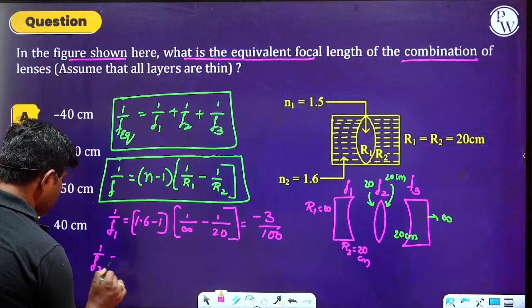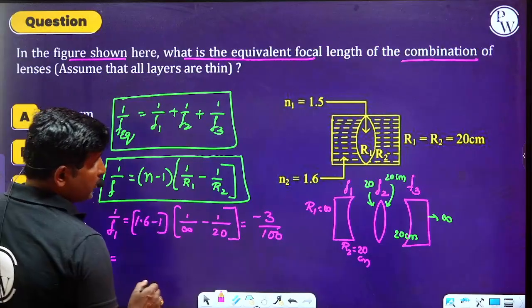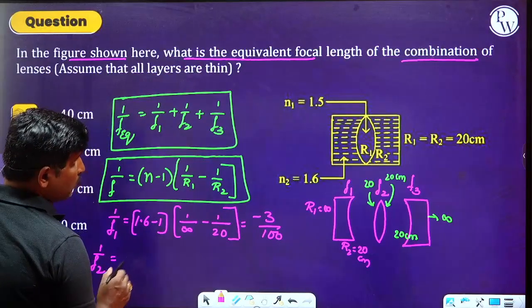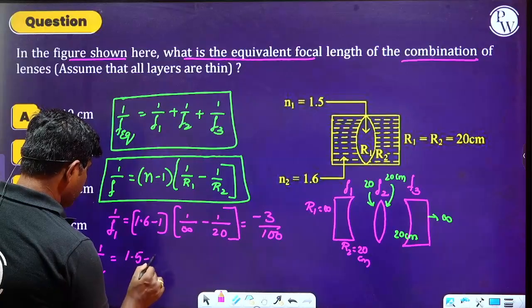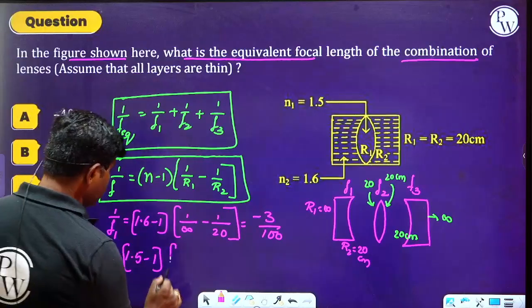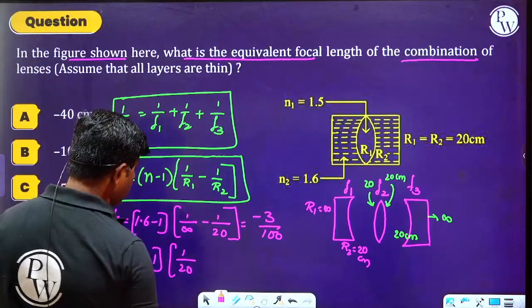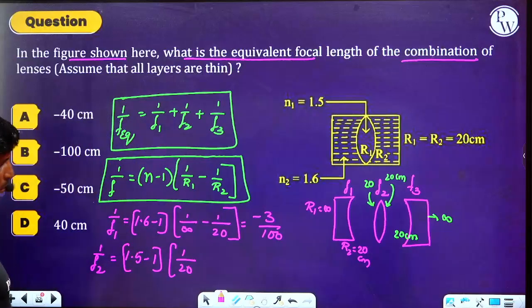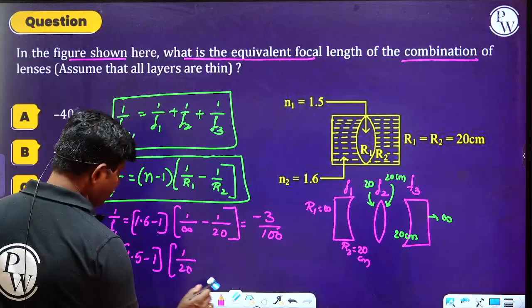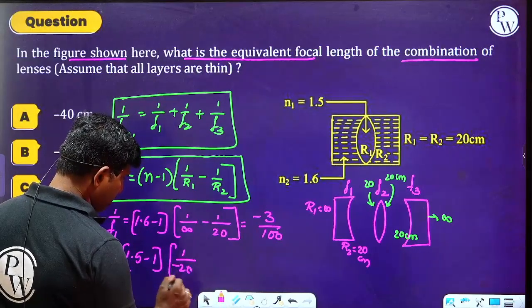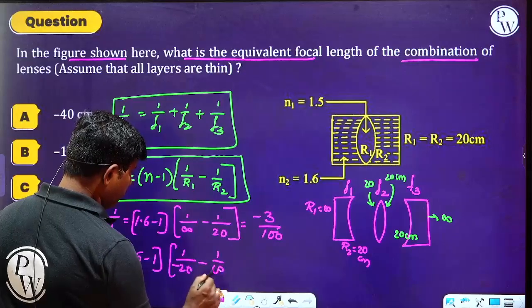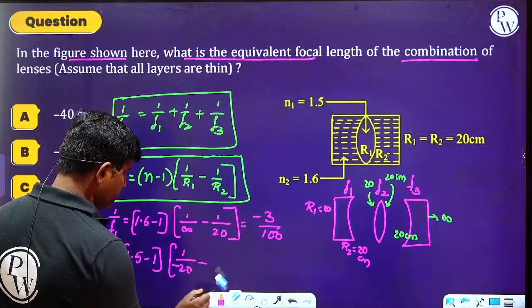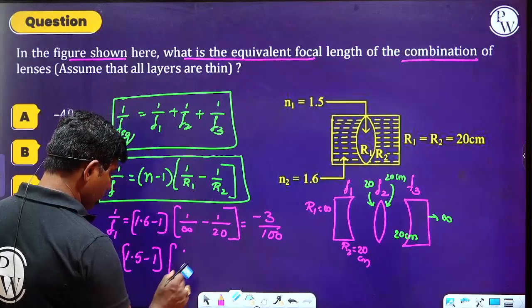1 by f2 is equal to, for the second lens, 1.5 minus 1 into 1 by 20. This is a convex lens. I will rewrite this.